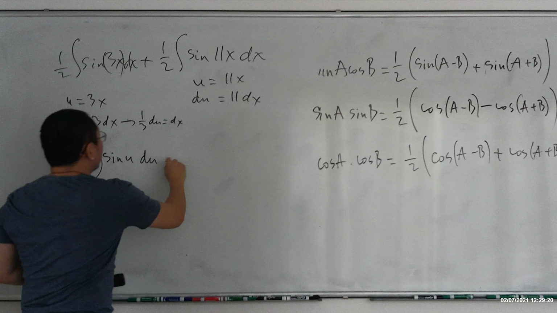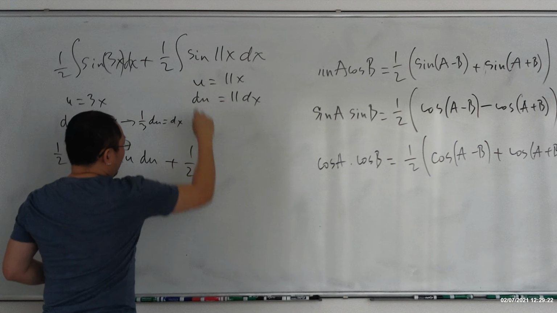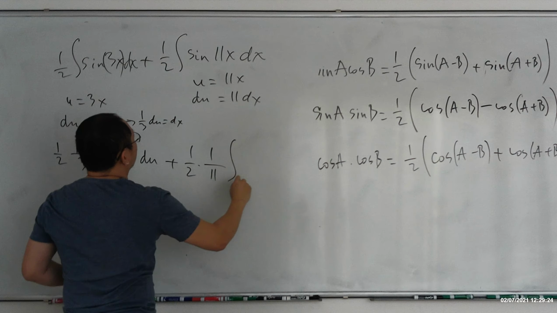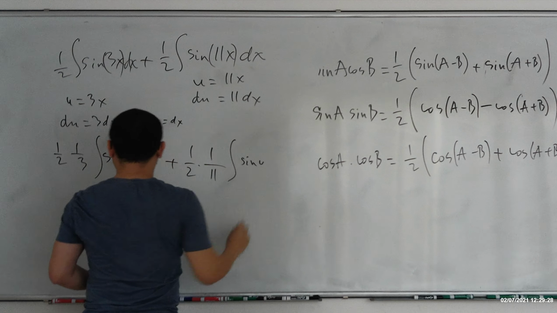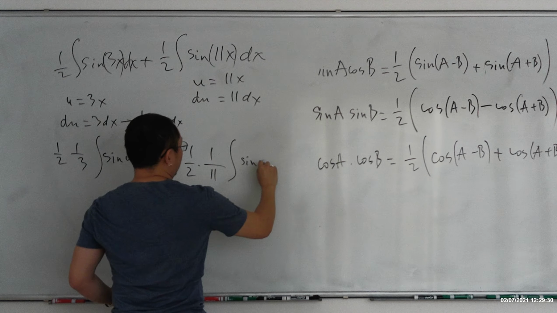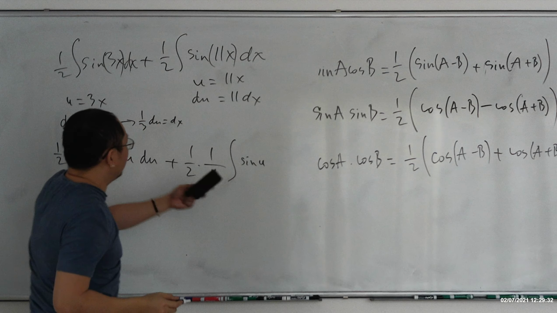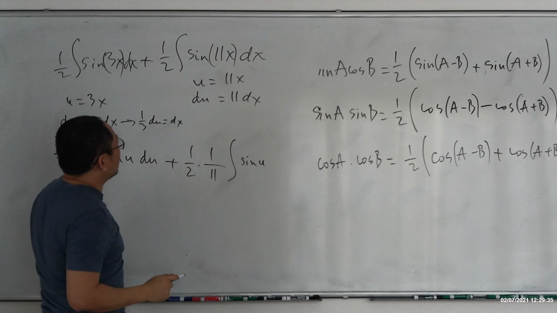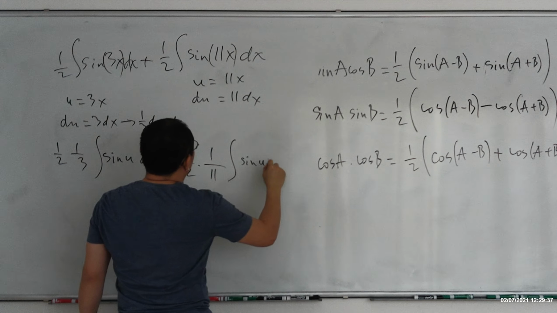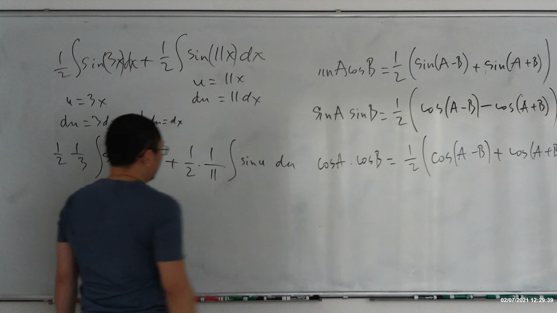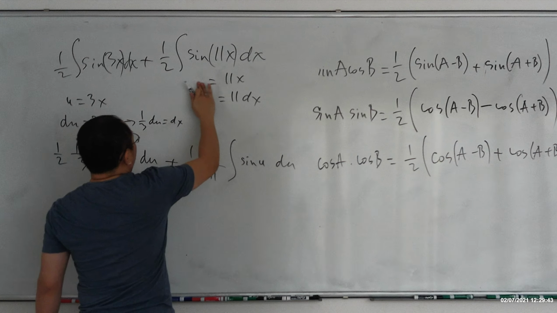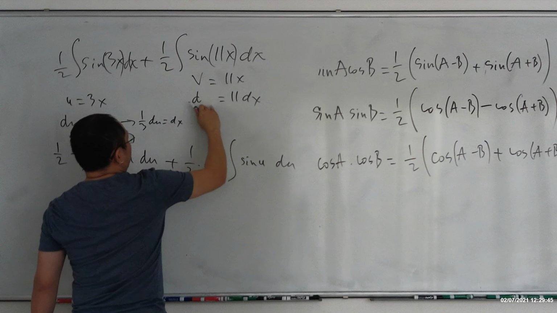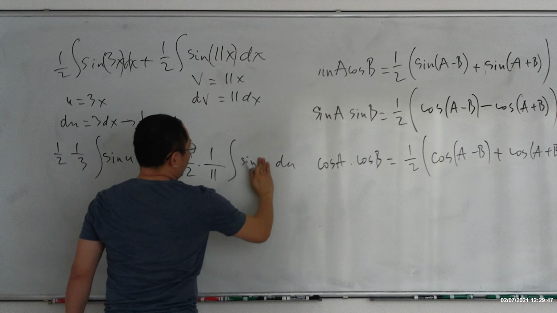I have the same thing, plus 1/2, 1 over 11 integral of sine v, and then dx is dv over 11. I better use a different letter to avoid any confusion.